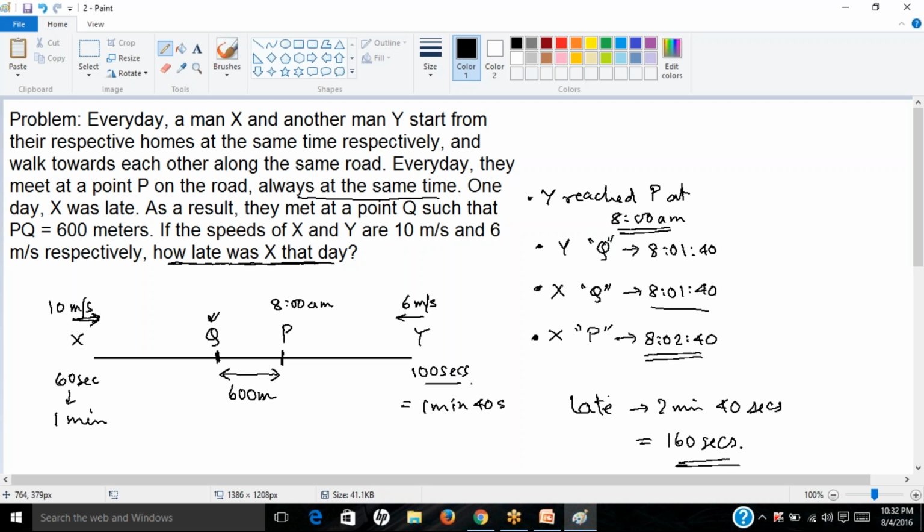On one day you cross the bus stop at 9 o'clock but reach office at 10:15. Got it, right? So you can measure lateness only when you reach the same destination.